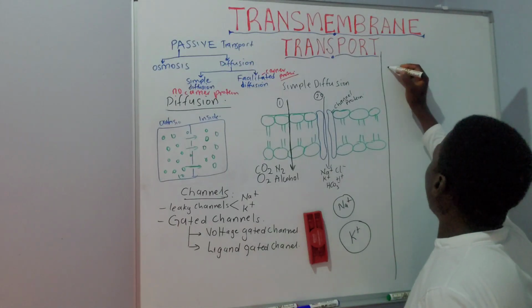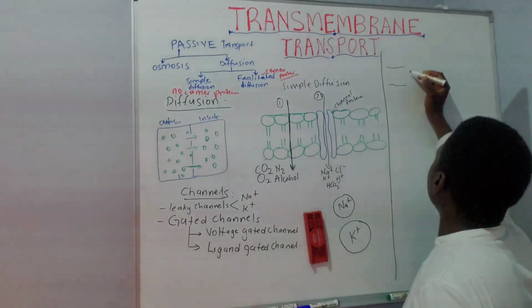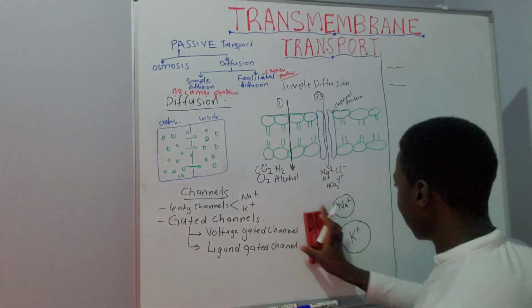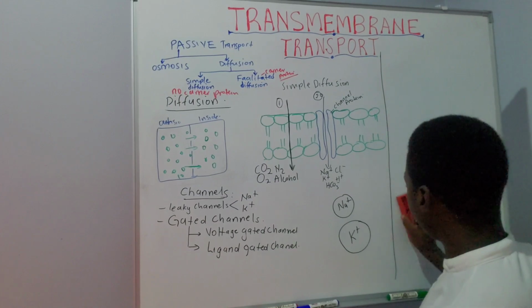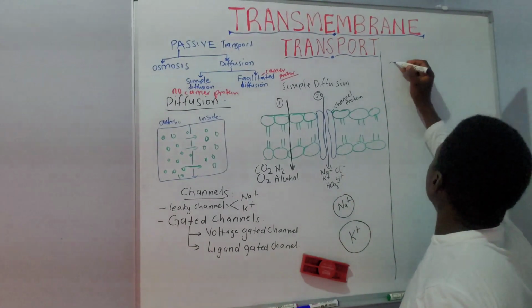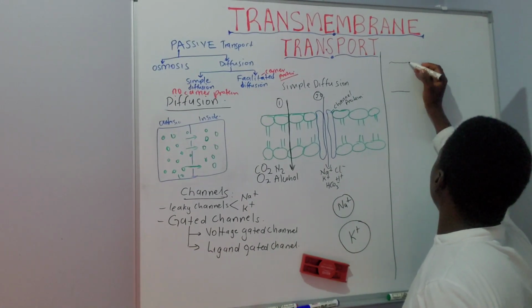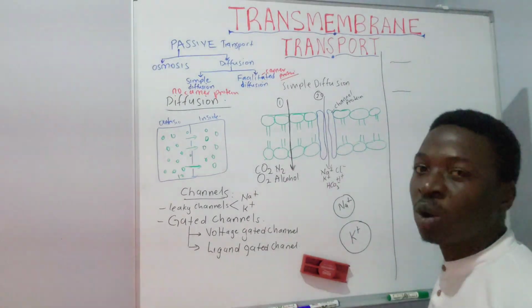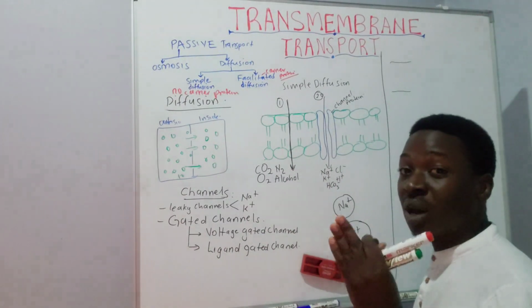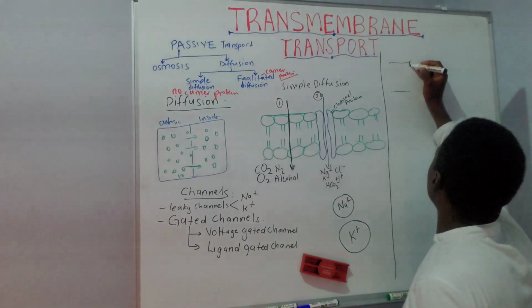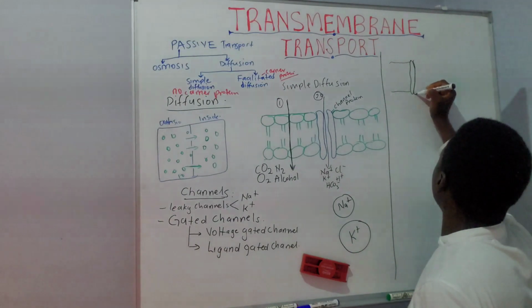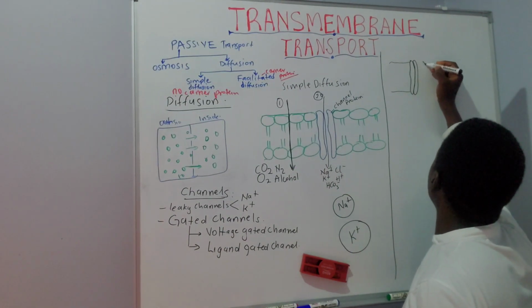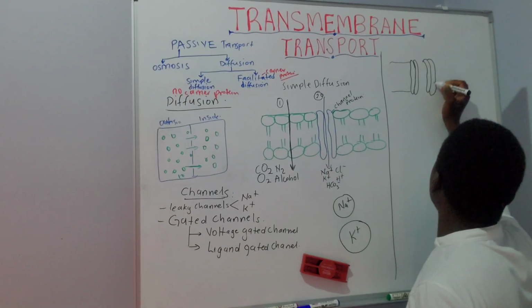Across the membrane, the potassium channel structure is tetrameric, so it has 4 subunits. Let me illustrate here. This is one subunit, another subunit, a third subunit, and a 4th subunit.